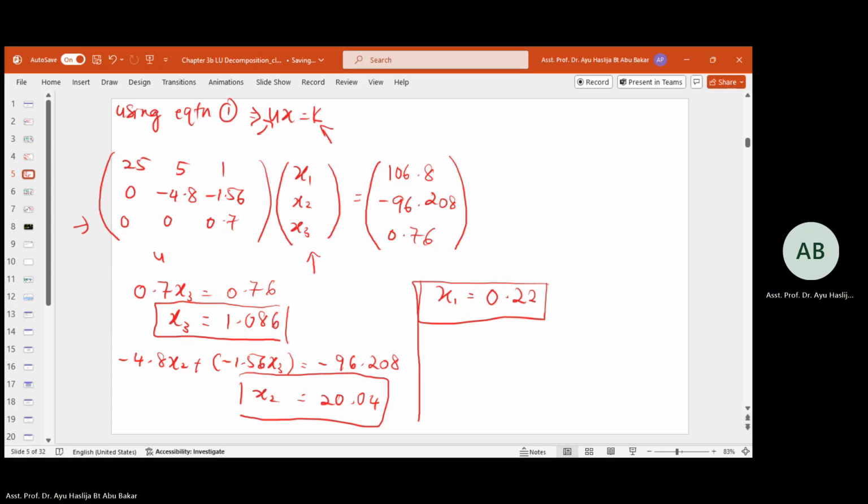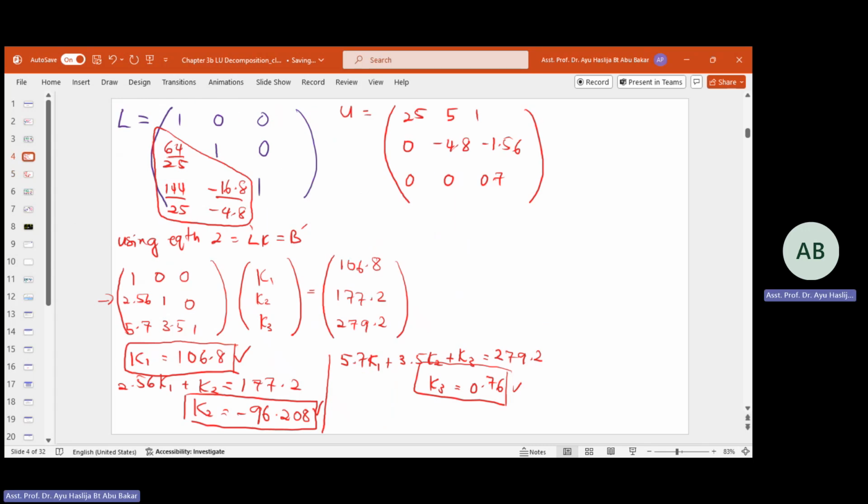So the difference from Gauss elimination is that LU has the L matrix. So from there, find the unknowns.